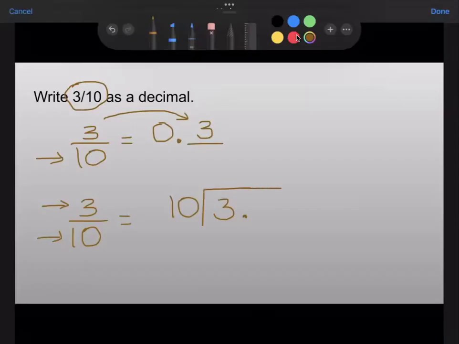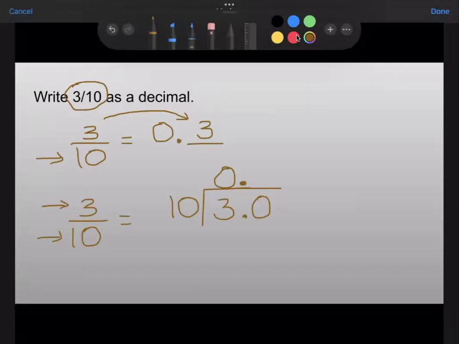So as I'm dividing, I realize that 10 does not fit into 3, so I'm going to put a 0 there. I'm also going to put the decimal up into my answer space right above where it is in the problem. In division with decimals, as you may have seen in some of my other videos, you can't have a remainder. So what we're going to do is add a 0 and keep dividing.